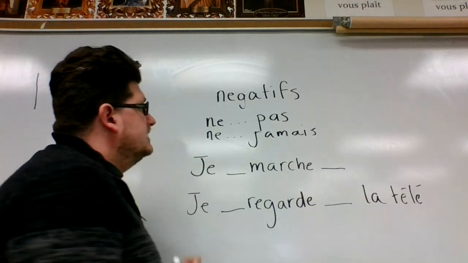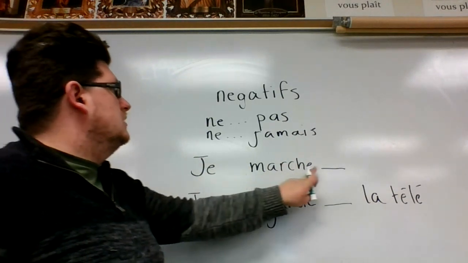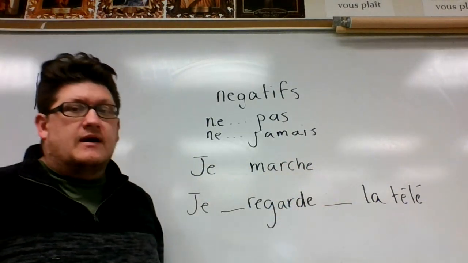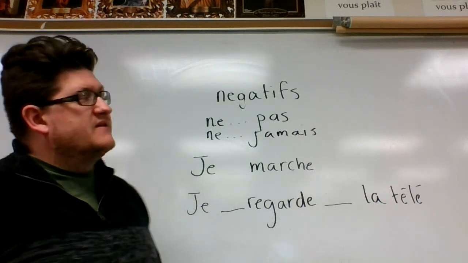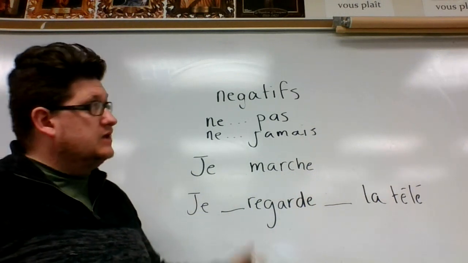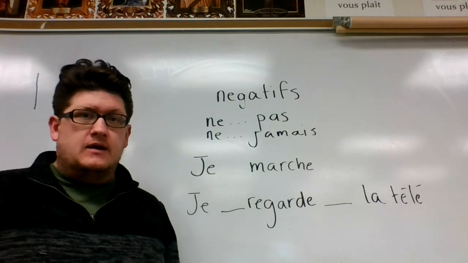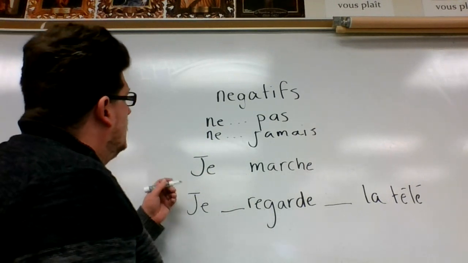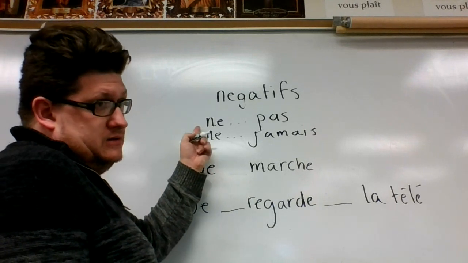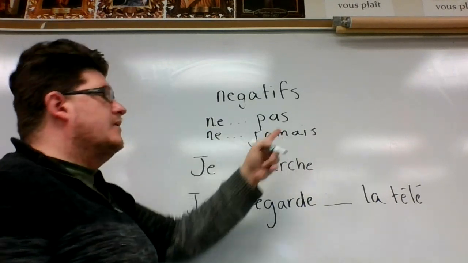Okay, so in this case, if we have just je and marche, right, that would mean I am walking. But if I want to negate that, meaning using a negative, to say I do not walk, or I am not walking, I have to use ne, which is not or do, and then pas.